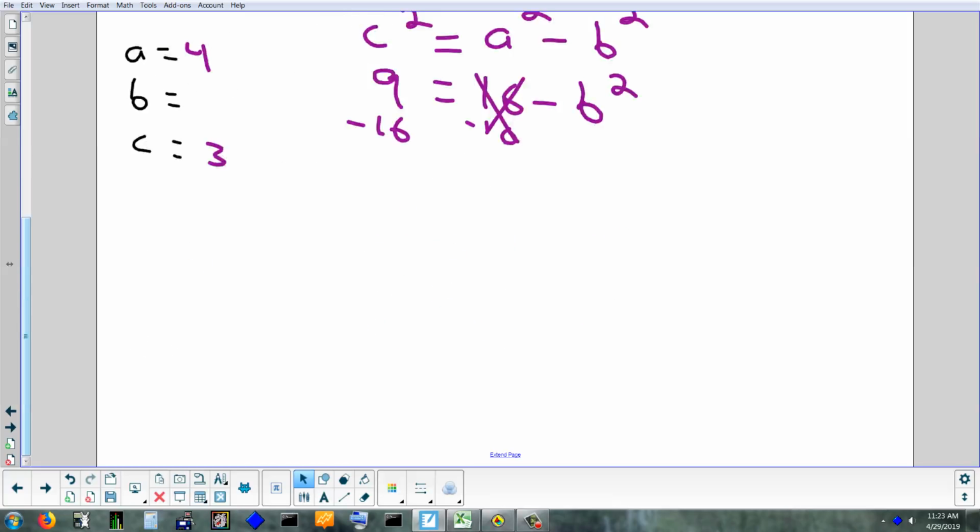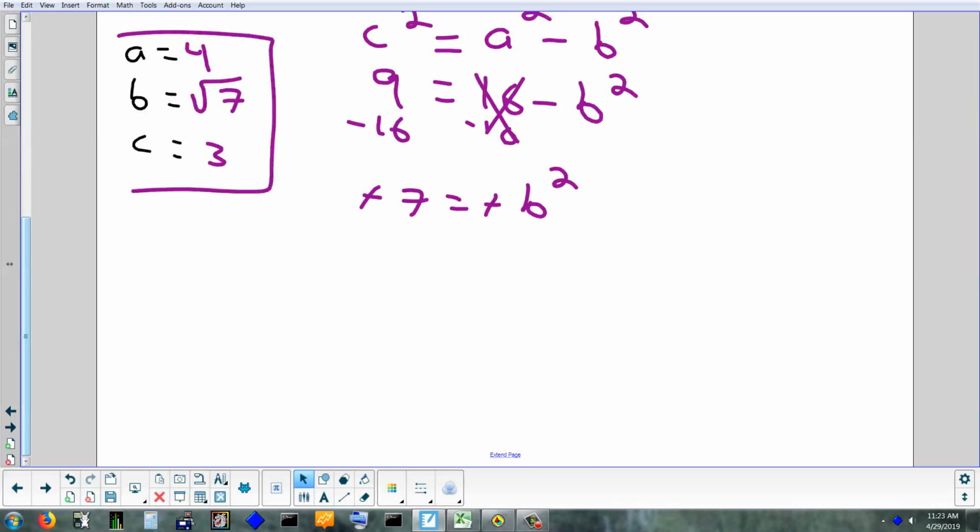It's going to give me negative 7. Anything I can cancel from both sides? Yeah, the negative. You can think of dividing each side by -1. Gets rid of the negative. And now, what would be my last step to get B? Square root. Yep, take the square root. So B is the square root of 7.